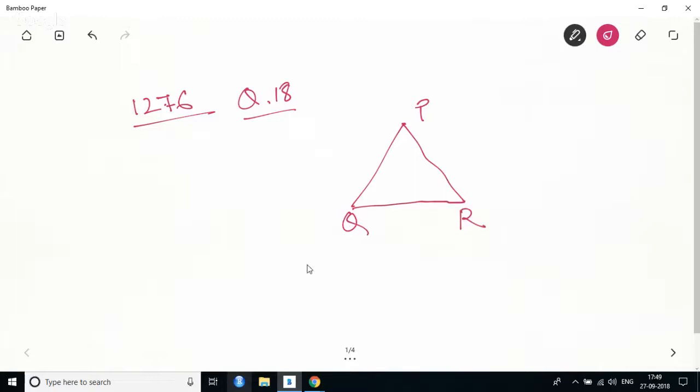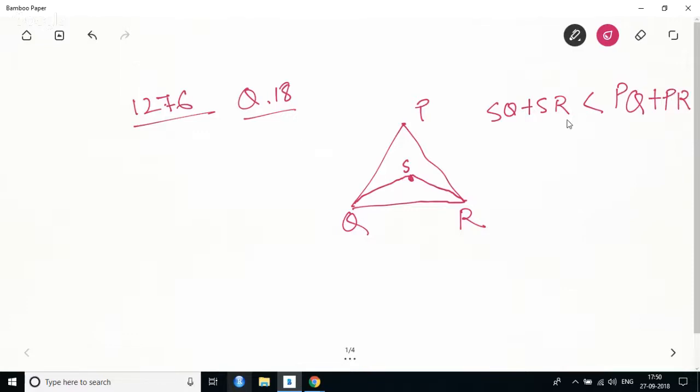PQR is a triangle and S is any point in its interior. So I'm assuming S to be here. Now it has been telling that, prove that SQ plus SR is lesser than PQ plus PR.